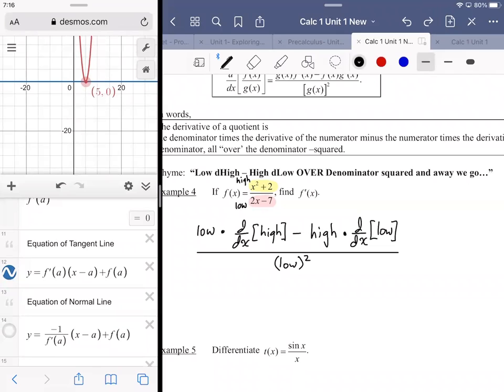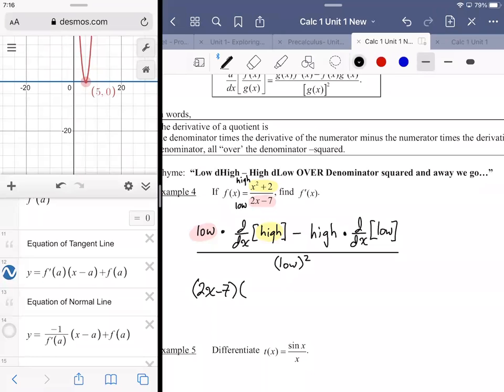All right, so what we do is we take the low term, and I'll use my highlighter a little bit more here. I get my low term, which is 2x minus 7. Leave that just as it is. We multiply that by the derivative of the high term or the high expression. It turns out the result of the derivative is only a single term expression, but that's not really the point. All right, so x squared becomes 2x to the first, or just 2x.